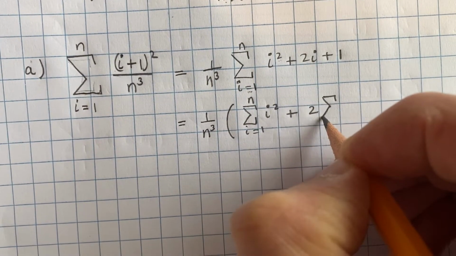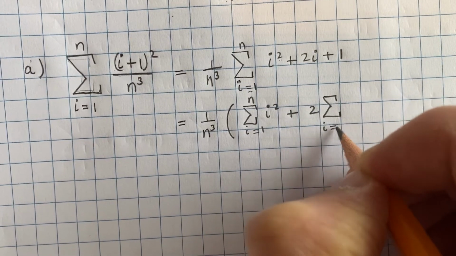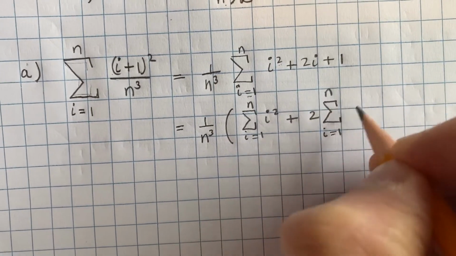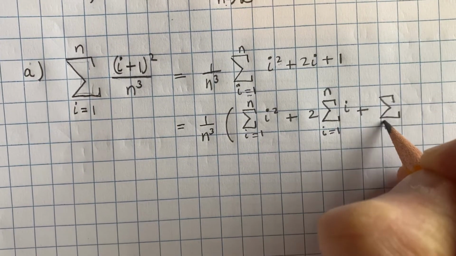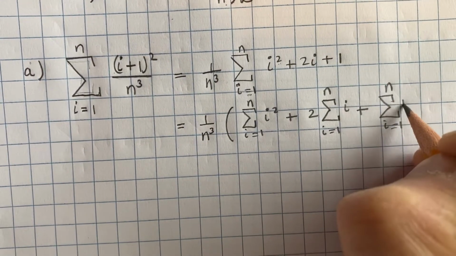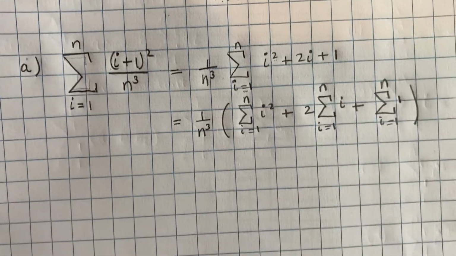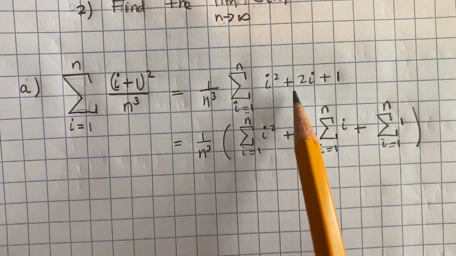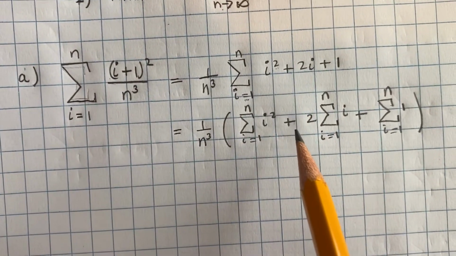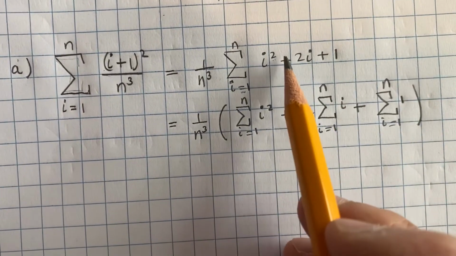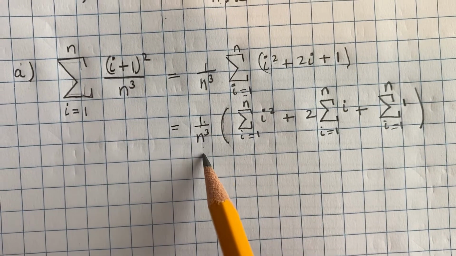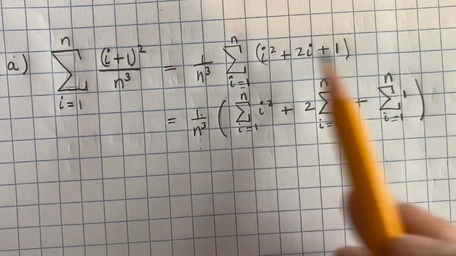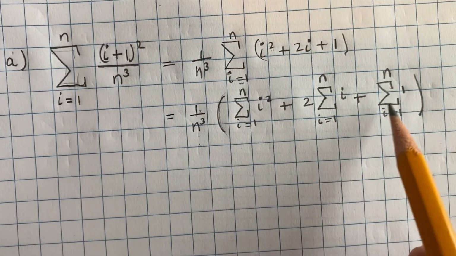The constant can go on the outside. 2 times the sum from i equals 1 to n of i, and then just plus the sum from i equals 1 to n of 1. Again, I applied the splitting up property for summation of this whole expression. Make sure you draw this parentheses because this 1 over n cubed is being distributed to this whole thing when we simplify.